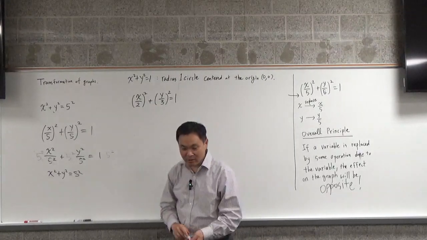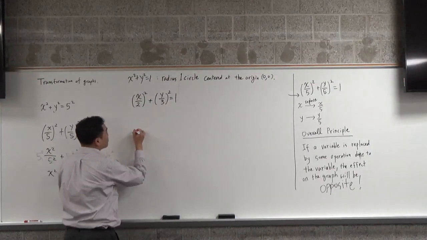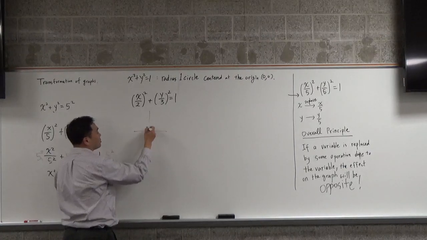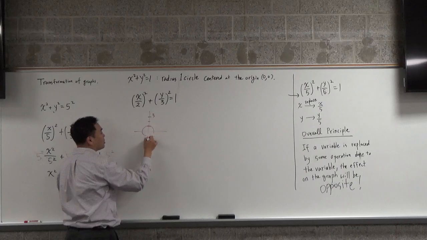What's the shape you get? It'll be an oval, right? So the shape you're going to get will be like you have 1, 2, 3, because the original one was 1.